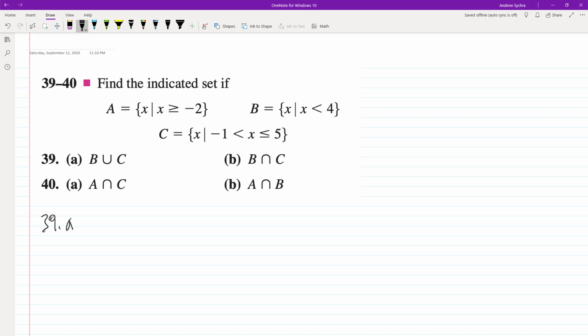So that's going to be negative infinity, 2, 4, but we have 5 here, so everything included is going to be 5, and we're going to have a closed bracket.